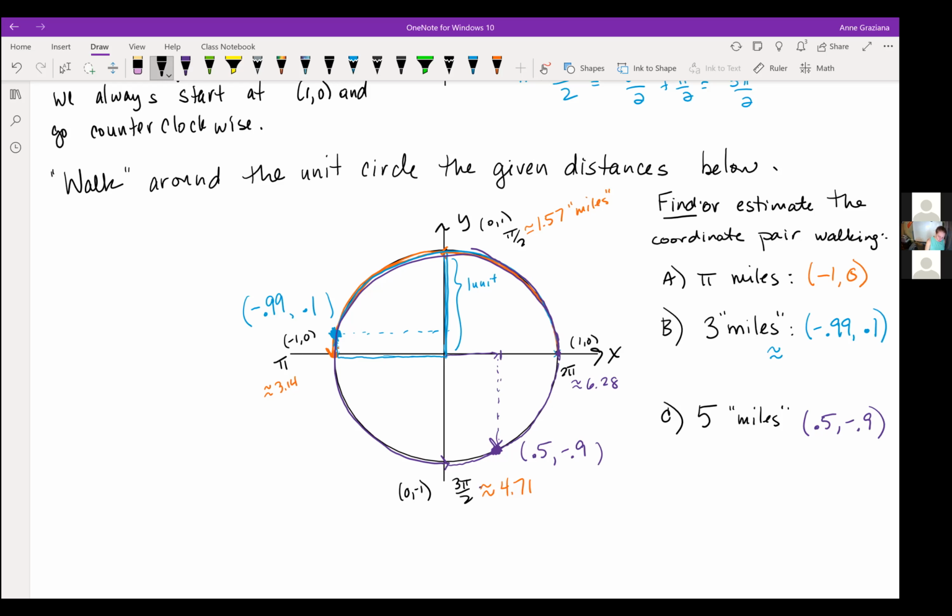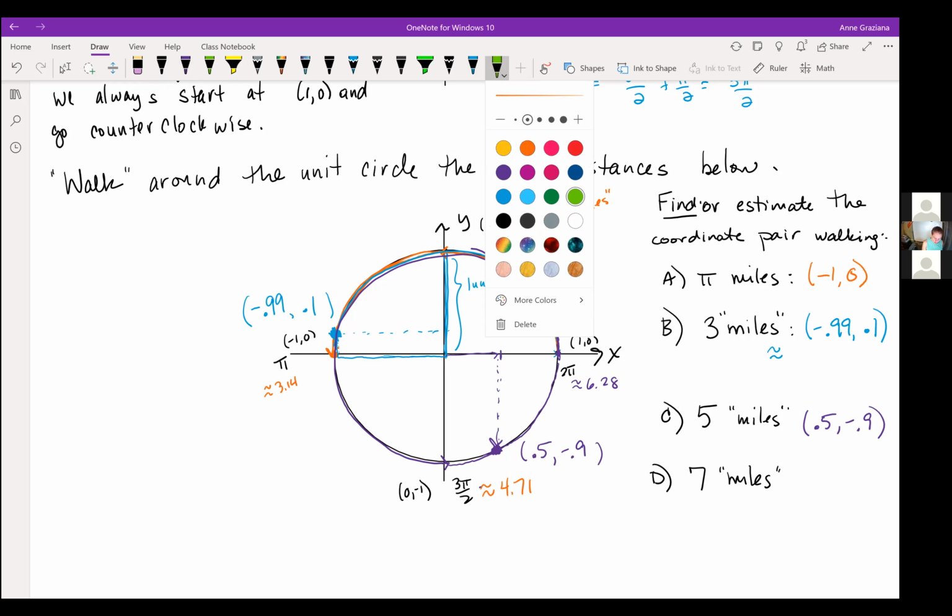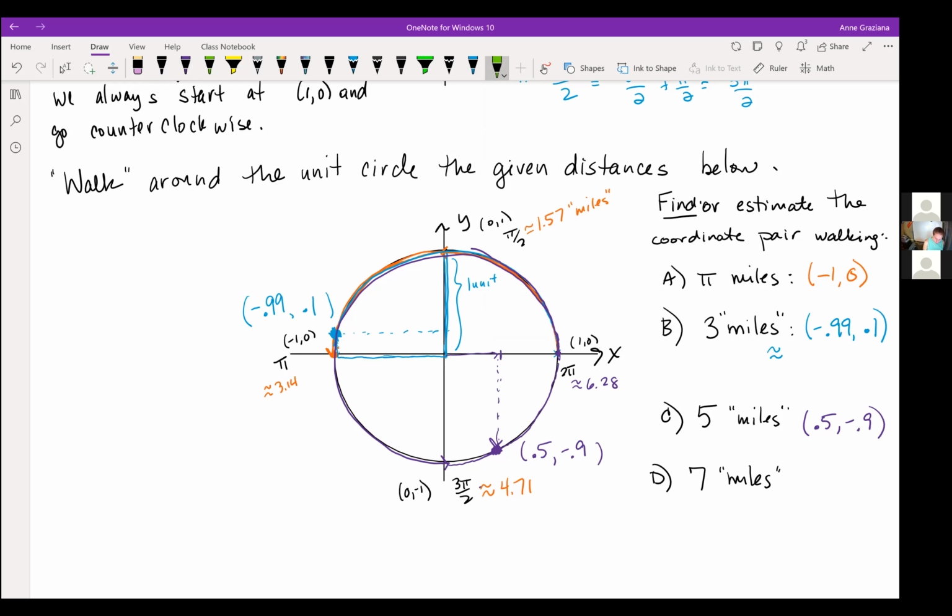All right, let's do one like this. Okay, D. Let's go about 7 miles. Now, remember, it's like a track, so it's perfectly fine to loop around. Let's see, I'll try this color. All right. So if I start here, I'm going to go around.